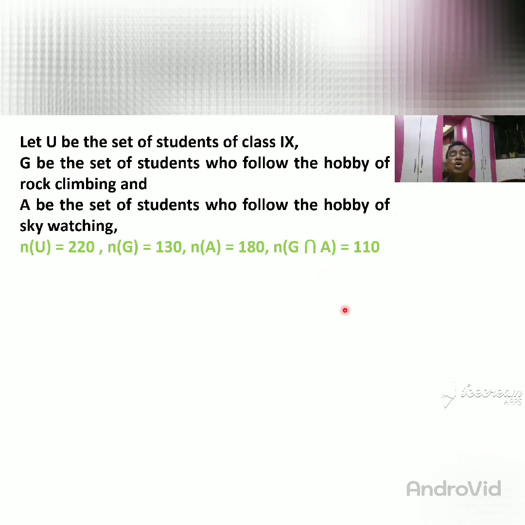Okay, so first we want to find the students having at least one hobby. You want to find the students having at least one hobby. That is considered G union A. That means the student has the hobby of rock climbing; if that student doesn't like rock climbing, then the student must like sky watching.